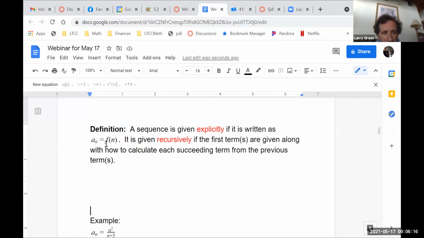So a couple notes. One, I purposely did not write f of x. How come? Why did I not write f of x right here?